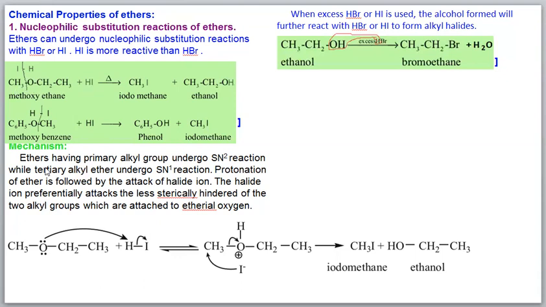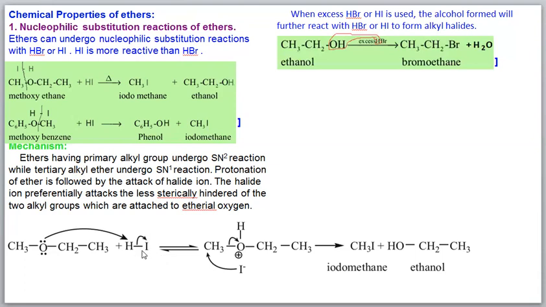Now let us see the mechanism of this reaction. Ethers having a primary alkyl group undergo the SN2 reaction, while tertiary alkyl ethers undergo the SN1 mechanism. Protonation of the ether is followed by attack of the halide ion. This is HI.